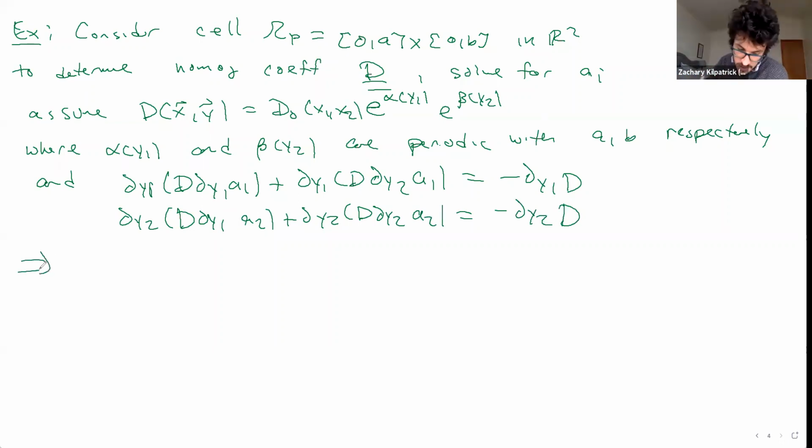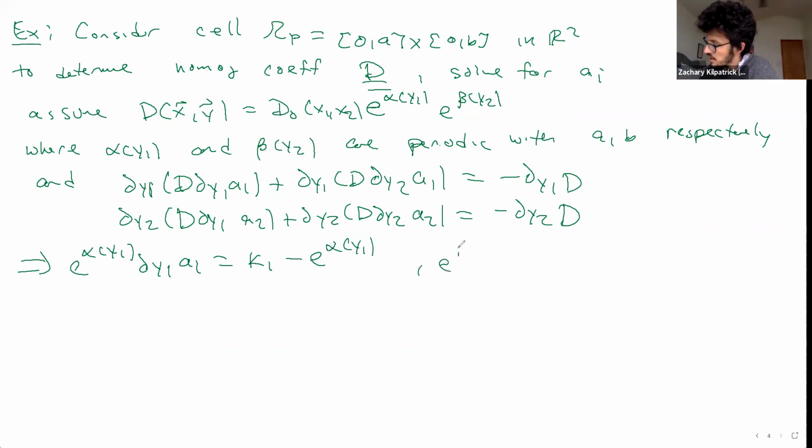So this implies that e to the alpha y1 dy1 a1 is equal to something we'll call kappa 1 minus e to the alpha y1, and then e to the beta y2 dy2 a2 is equal to kappa 2 minus e to the beta y2.